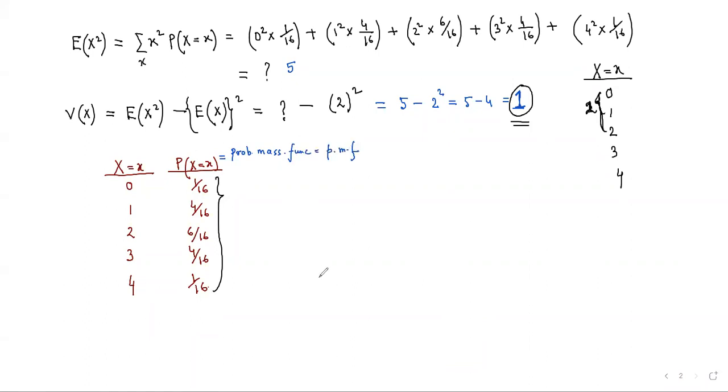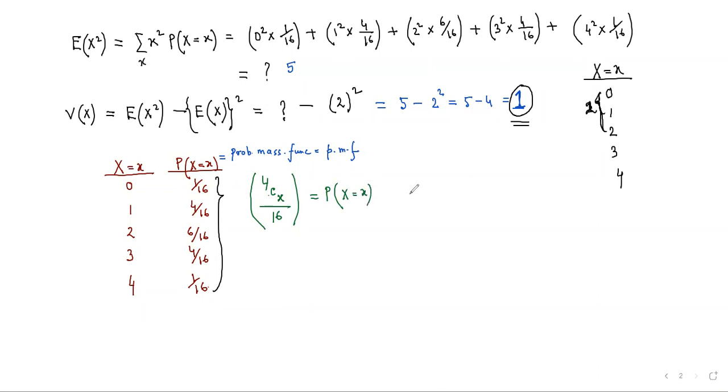So my next objective is to give a general formula to this particular probability. If I think a little bit, you will see that we can give a general formula like 4Cx by 16 to this probability mass function.